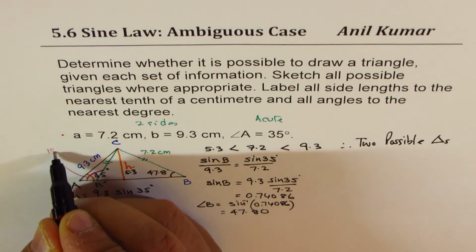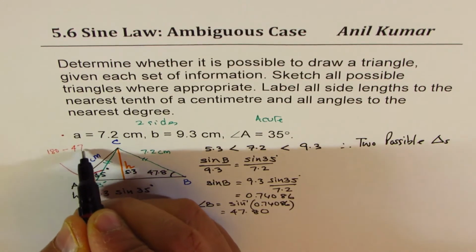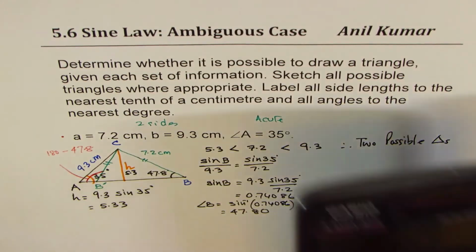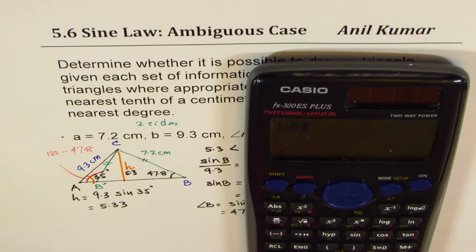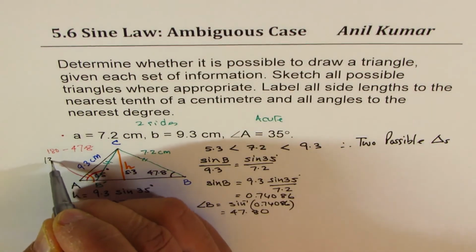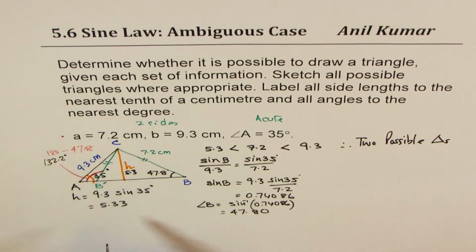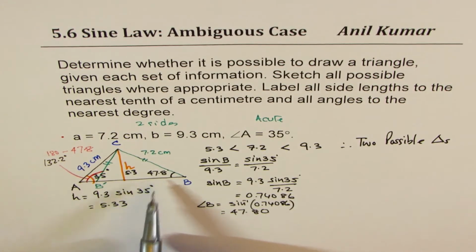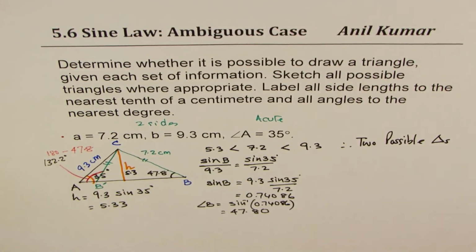Okay, let's calculate this also. So it is 180 minus 47.8 equals, in decimals, 132.2, right? So that is equal to 132.2 degrees. I'm still writing these in decimal places since I have to find the sides. It is important to understand, right?